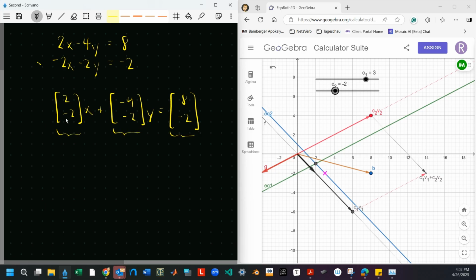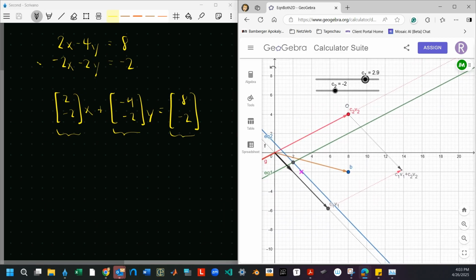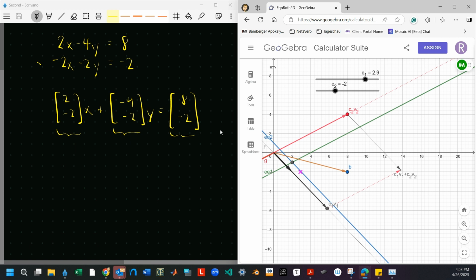So I'm taking this black vector and scaling it by some coefficient, c1. Then I'm taking this other vector and scaling it by something too, and the result wants to be this b over here. So two very different pictures.